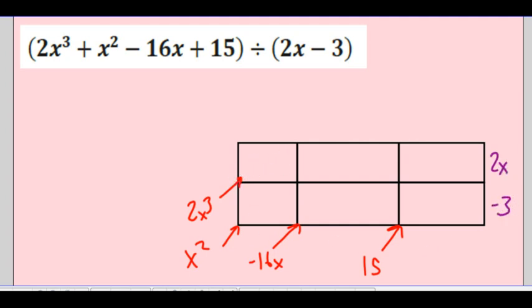For this first box up here, 2x cubed divided by 2x. I know this has to be x squared. So, excuse me, that's x squared up here. So x squared times 2x is going to be 2x cubed, because I know this had to be 2x cubed, because there's only one option.